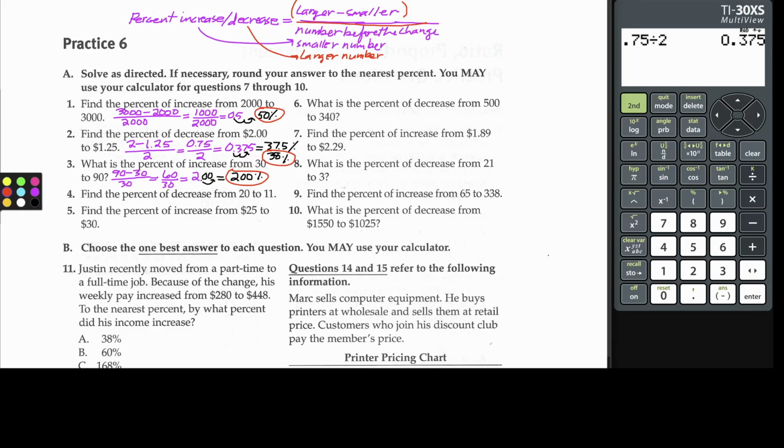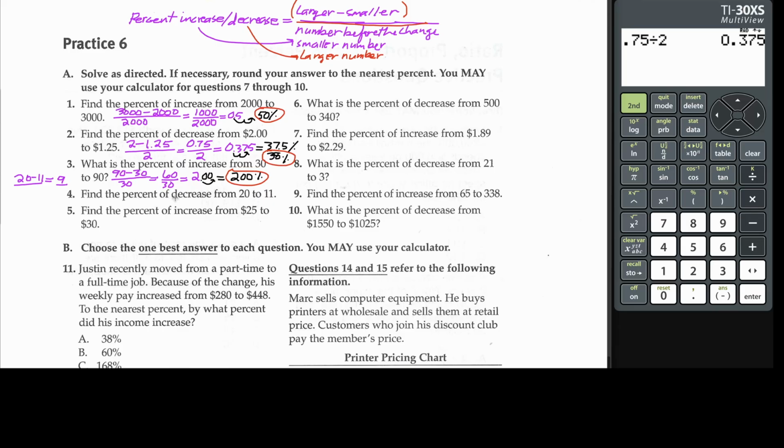Number 4. We can do number 4 on the side here. Find the percent of decrease from $20 to $11. So if I take away the 20 and the 11, I get 9.